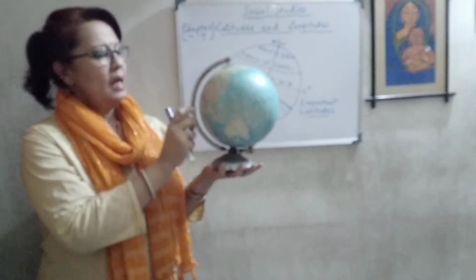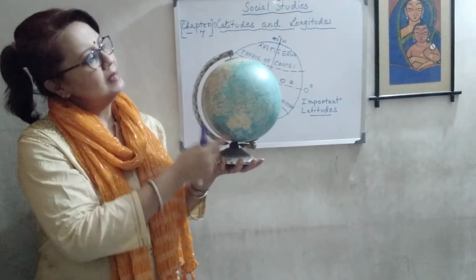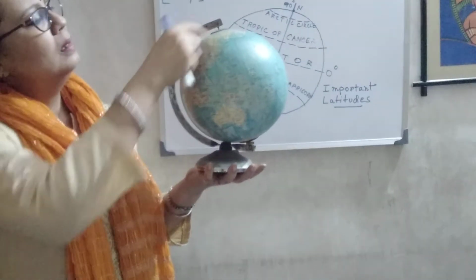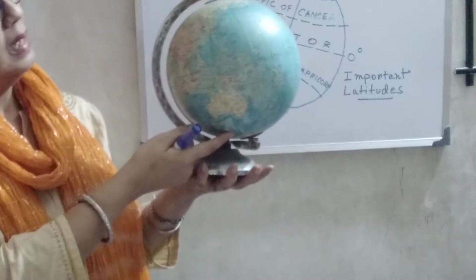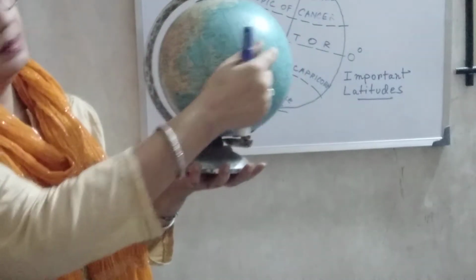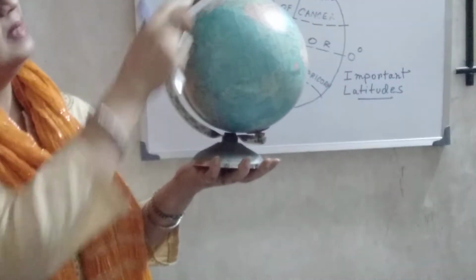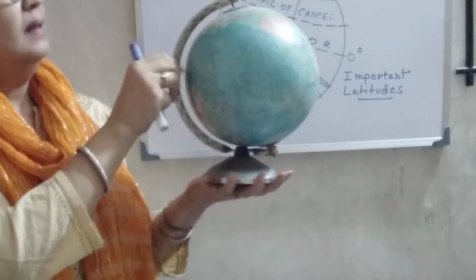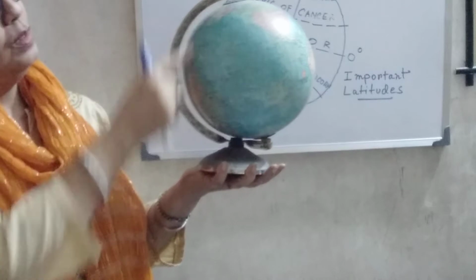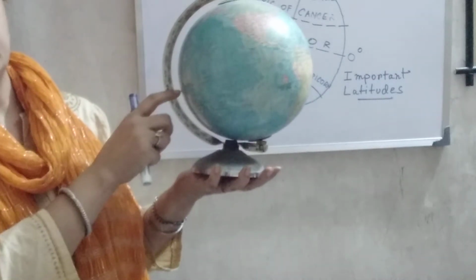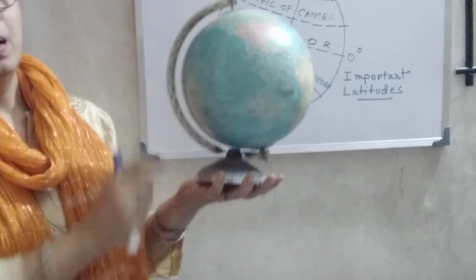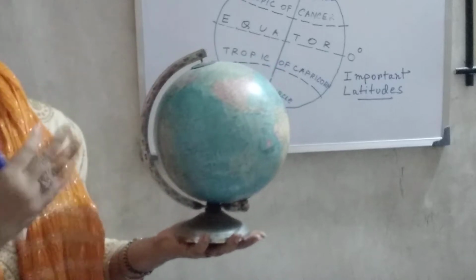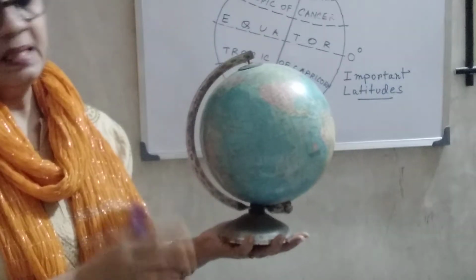Okay, and you can see here some lines running from north to south and east to west. And these are longitudes and latitudes. So today we will explain it and we will discuss it.